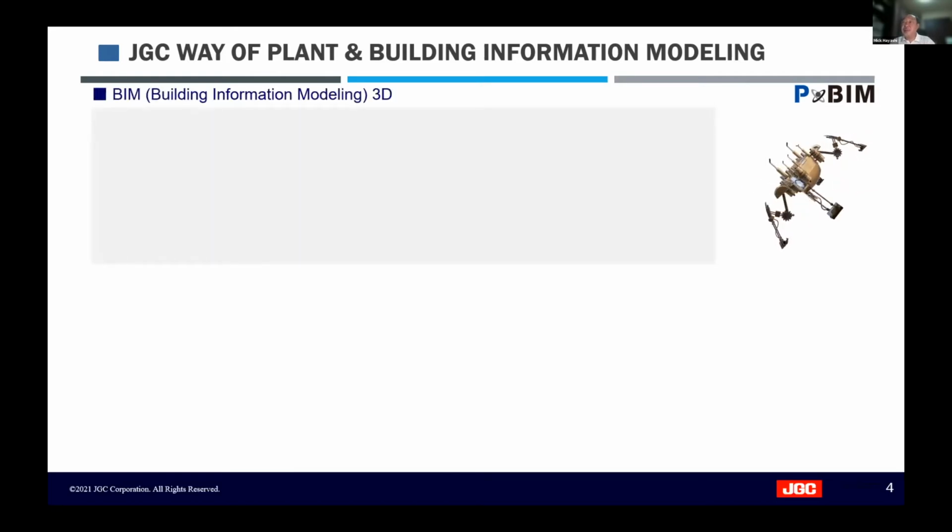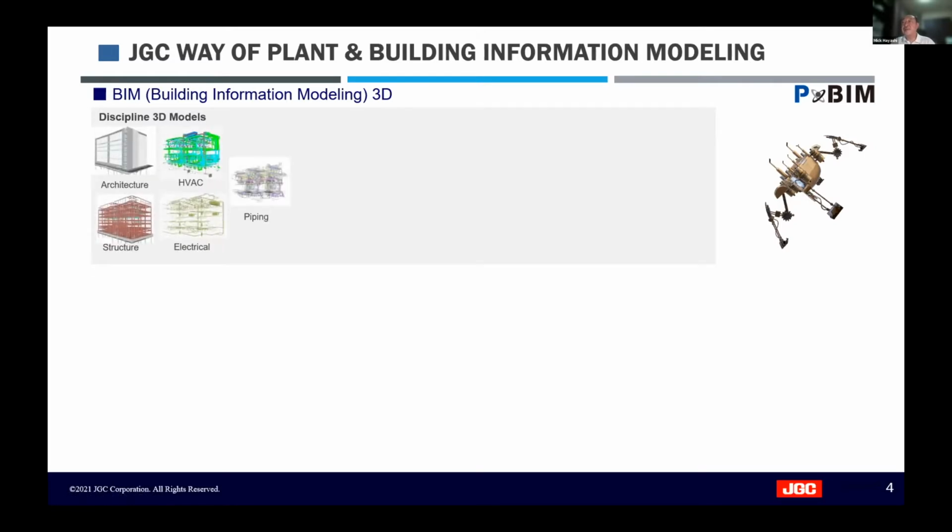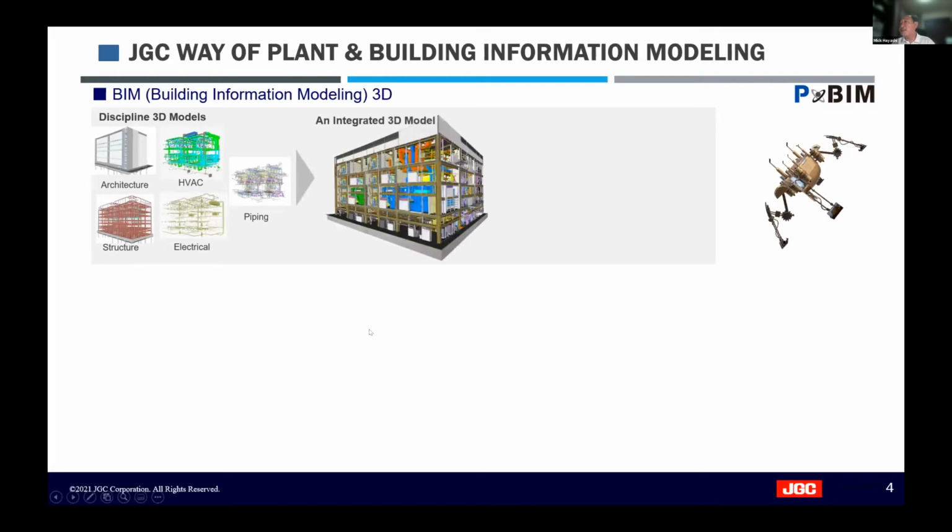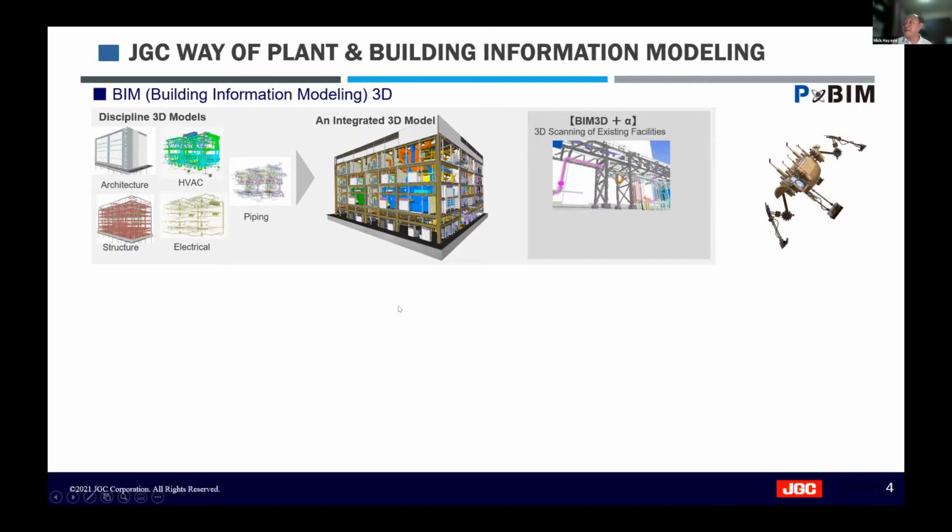Okay, so what we do is basically building information modeling, right? So BIM, we start with the discipline 3D models like architecture, structure, air control, and electrical and piping. So we integrated these models into one 3D model. And then we add 3D scanning of existing facilities.